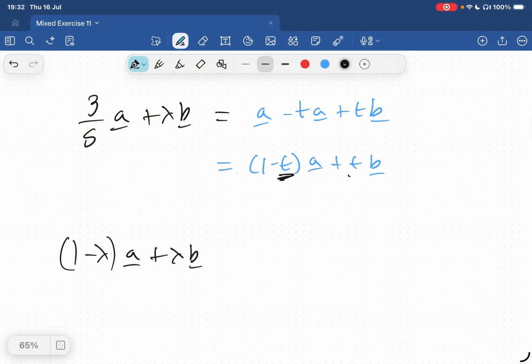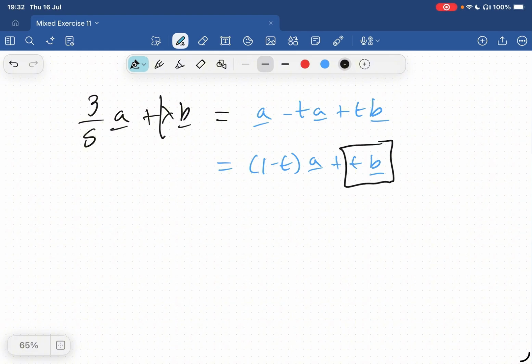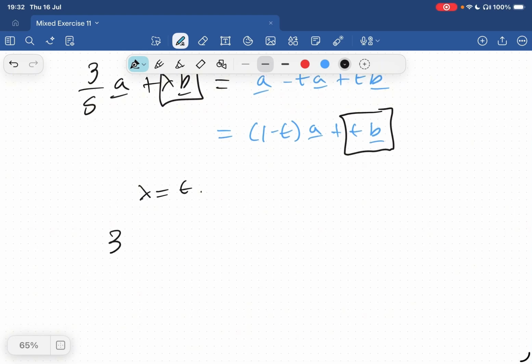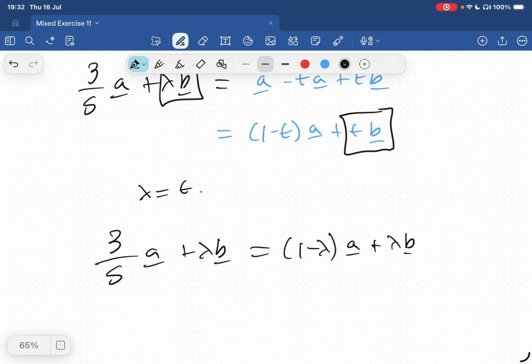I've used T. Why can they just set it to be lambda? Well, when we compare coefficients between our blue and our black formula, the coefficient, the number in front of this B must be the same. So this gives us that lambda must equal T. So that then gives us our formula, 1 minus lambda lots of A plus lambda B.